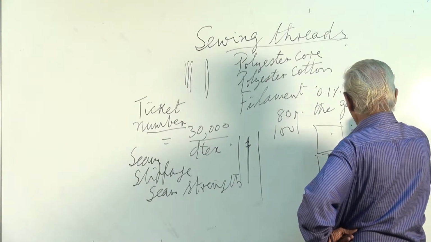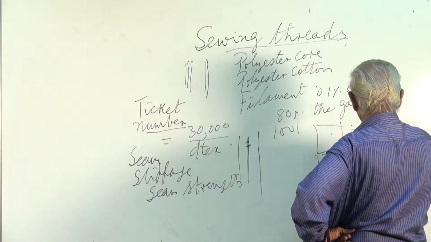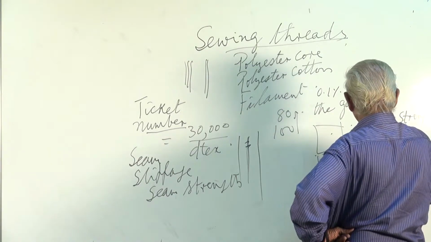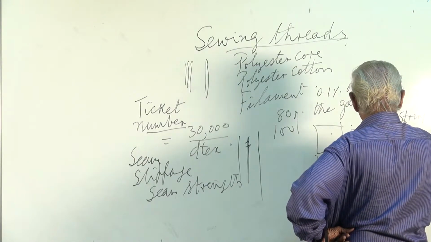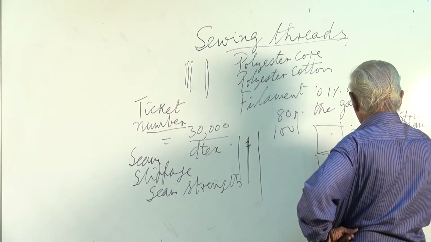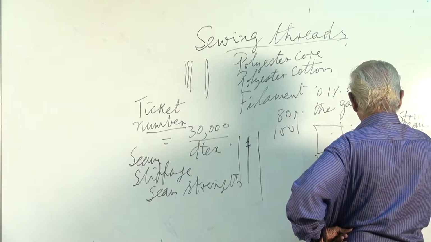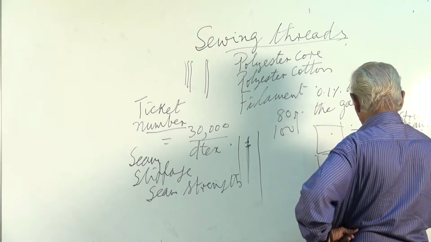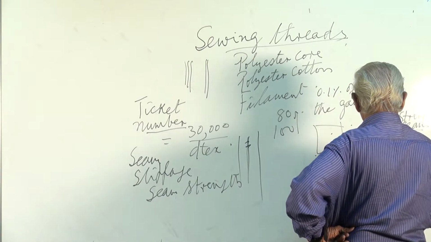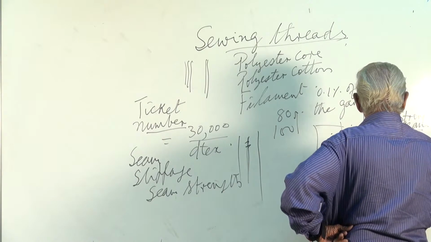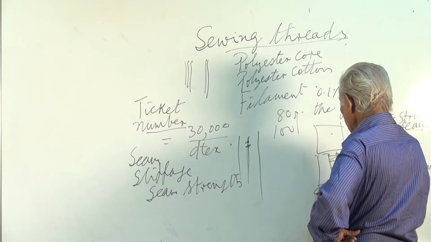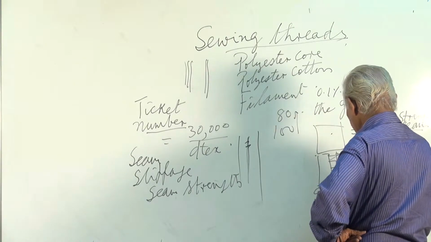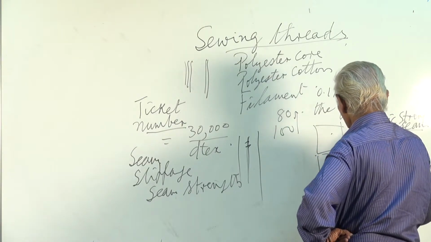So if we take the ratio of the fabric strength with seam divided by fabric strength without seam, we get a value called seam efficiency. The seam efficiency, if it is something like 93 or above 90, it is supposed to be good.